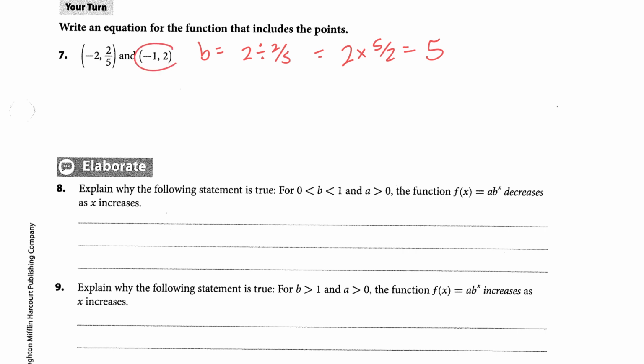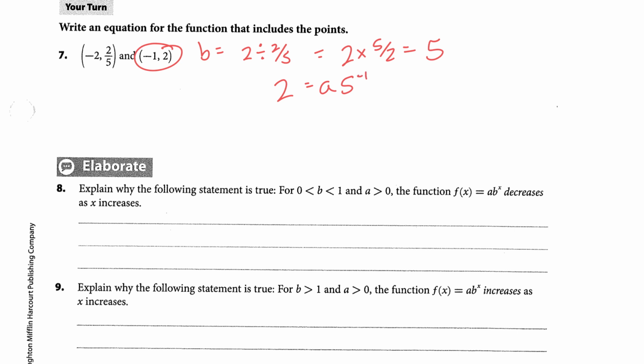So now I'm going to use this point just because, again, both of those are whole numbers. So I have f of x equals A, B is 5 to the x power. I'm replacing the f of x with the y value, which is 2. And I'm replacing x with the x value, which was -1.